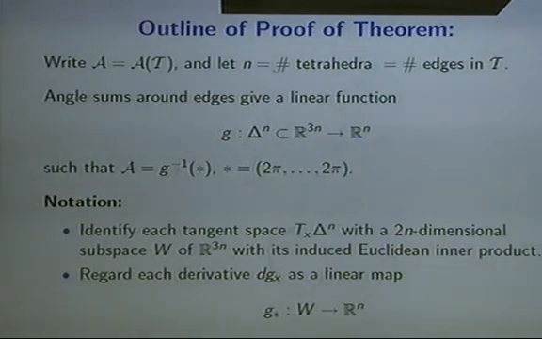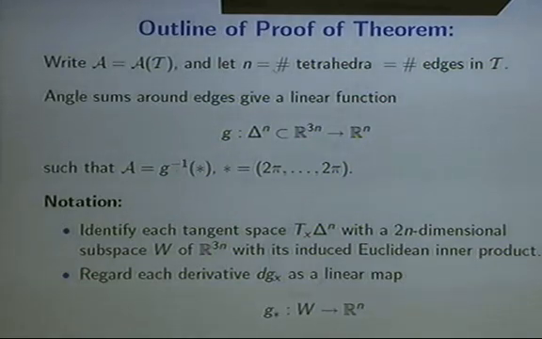Now, to analyse this, I want to think about the derivative of this function on delta to the n. First of all, if we take the tangent space to this delta to the n, it's basically a product of planes. If you take one of these deltas, it's contained in a nice two-dimensional plane.